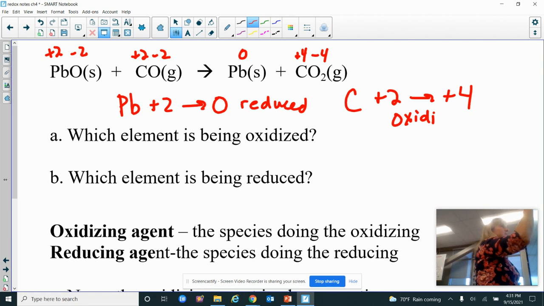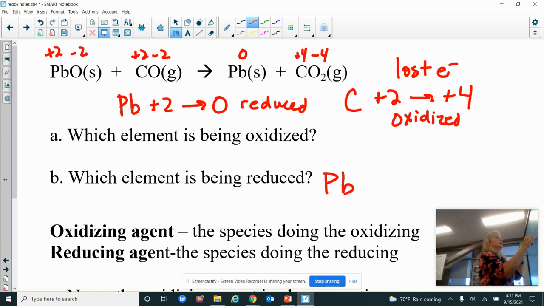So it's oxidized. So it lost negatively charged electrons to become more positive. So lead is being reduced, Pb. Carbon is being oxidized. Oxygen staying the same.